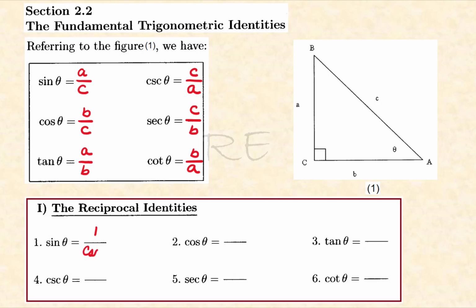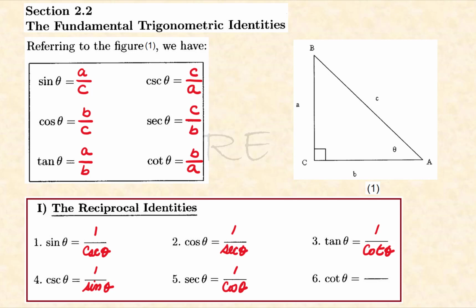Sine theta is equal to 1 over cosecant theta. Cosine theta is equal to 1 over secant theta. Tangent theta is equal to 1 over cotangent theta. If we go the other way, cosecant theta is equal to 1 over sine theta.